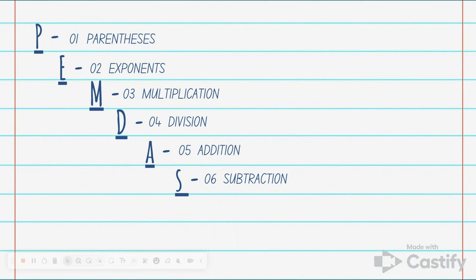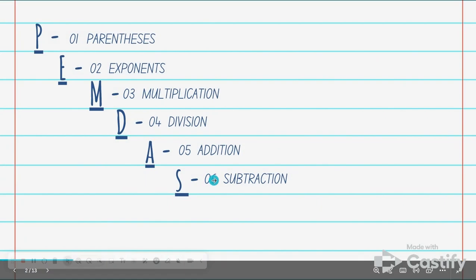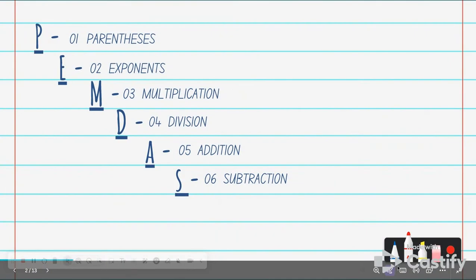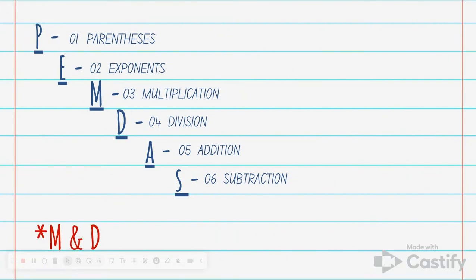operations that we have in math, which is so exciting, and you guys get to learn how to order them correctly today. Something that we need to always keep in mind when looking at our PEMDAS is that our M and D, so our multiplication and division, and our A and S, our addition and subtraction, are a little bit different and a little special.